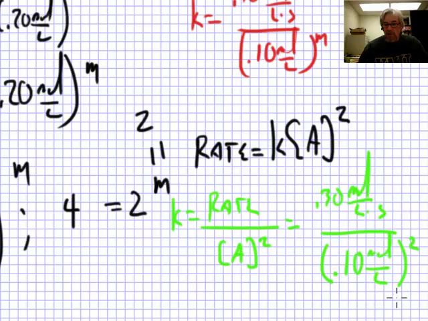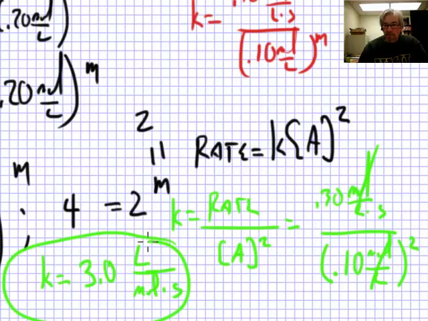Now, what happens to our units? I have moles per liter canceling out one time, but in the denominator I still have moles per liter. 0.3 divided by 0.1 is 3, and so K numerically is going to be equal to 3.0. The units that are left are per seconds divided by moles per liter. If you do all the unit arithmetic, that ends up being liters per mole per second. That's K. And then if we wanted a complete rate law again, we would plug that in for K.